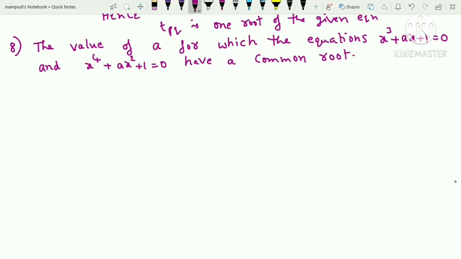Find the value of A. Options: A, minus 2; B, minus 1; C, 1; D, 2.